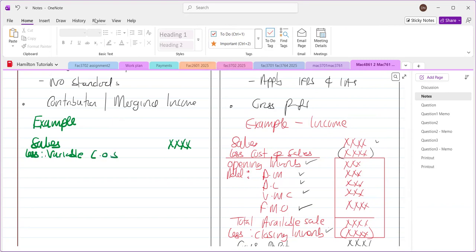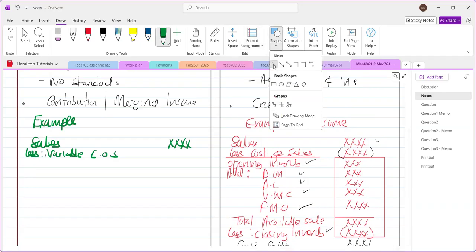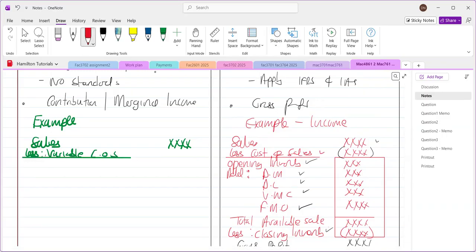So we already have a difference in the structure, in the description of the cost of sales. Right here we said cost of sales, but here we are specific: variable cost of sales. This is because up to the calculation of contribution, you are not going to include any fixed costs.